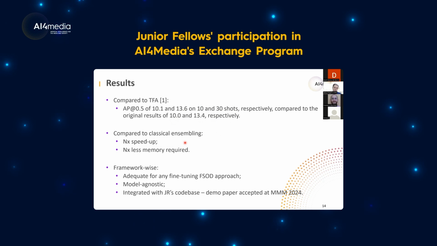When we compare our approach to the classical ensembling strategies, because we've dropped all that processing that is done n times, but it's redundant in our case because everything is frozen on that part, we obtained an n times speed up compared to the classical ensembling, and also n times less memory required.